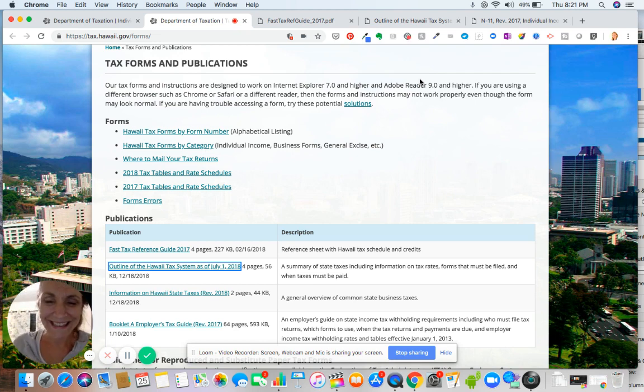Well, GET isn't like that. It's an excise tax, the state says, not a sales tax. It is a tax on the business for the privilege of doing business in Hawaii. And therefore, the state doesn't care if you pass the tax on or not. You are allowed to, but either way, all of the money is your money, and then the tax is calculated on that amount.